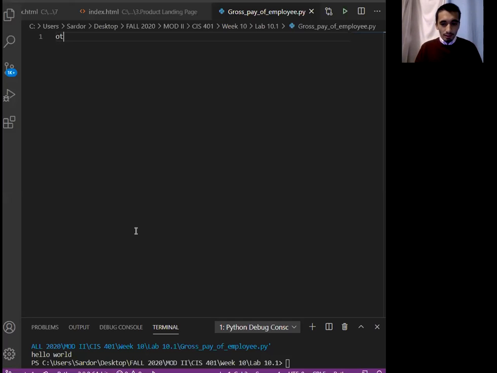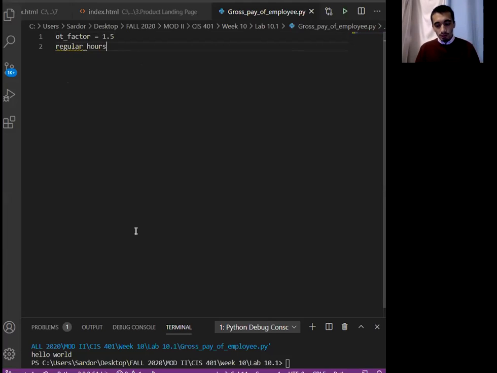So we write OT factor equals 1.5 and regular hour equals 40. So with this, we just define what OT factor is and regular hour is.